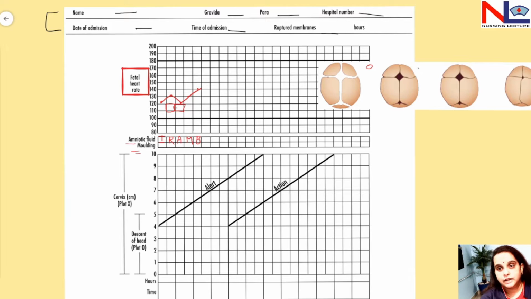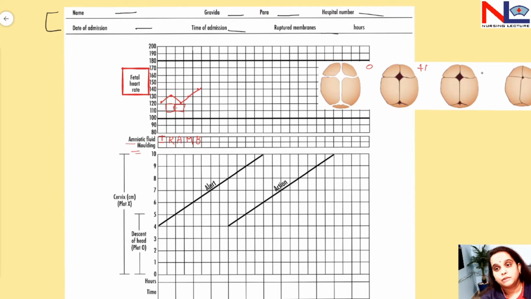Now the next image is indicative of +1 molding, in which the suture lines become narrower because the bones come closer to each other. The bones just touch each other but do not overlap. So it is +1.